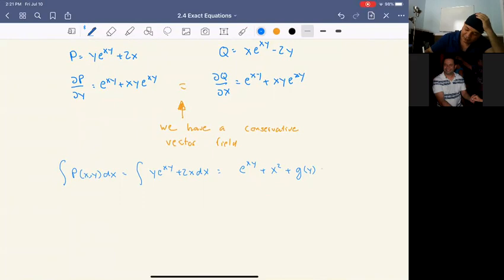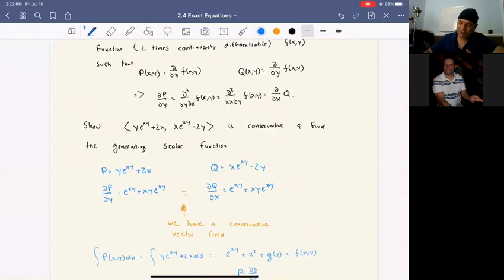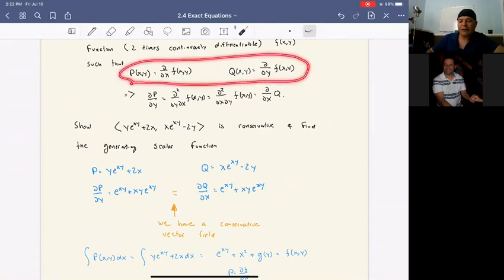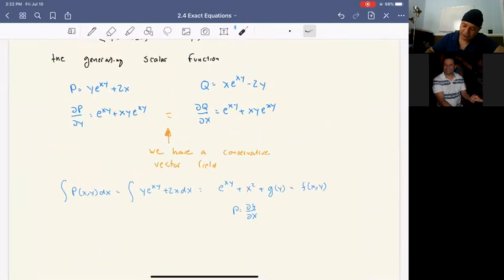So this is our f of x, y. P, remember, is the partial of f with respect to x. Now we're going to do the same thing with Q, except now we're going to take the integral of Q with respect to y. Remember, we've assumed that P and Q are the elements of the gradient of our scalar function. Okay? So our Q is up here. Let's bring it down.